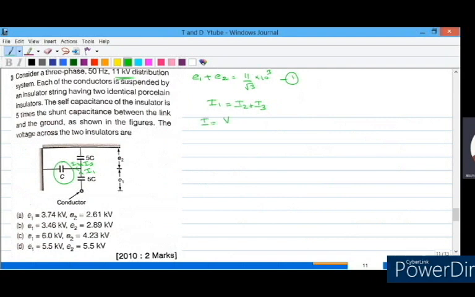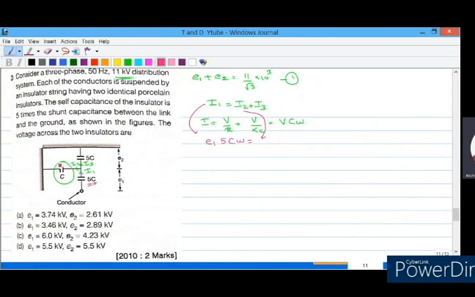So I is equal to V by XC, which we know. And what is XC? It is 1 by C omega. So replace all the I by V C into omega. So how to write I1? Here it is E1, and the capacitance here it is 5C. So 5C omega. And how to write I2?